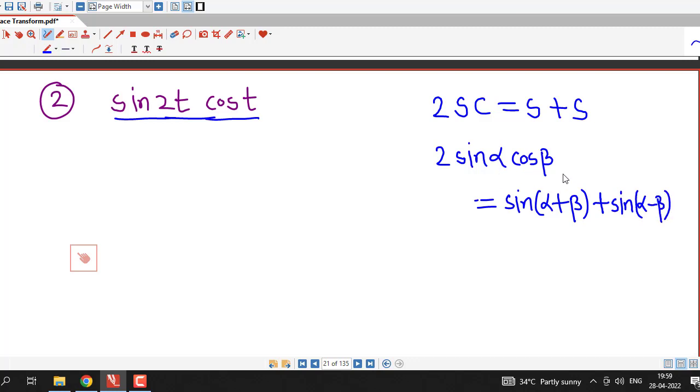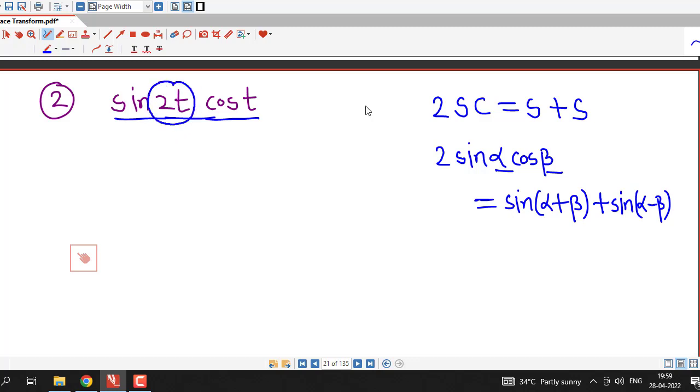That is, 2 times sine alpha cos beta equals sine of the addition of alpha and beta plus sine of the subtraction of alpha and beta. So we can use this formula and we can write our function in terms of another function whose formula is known to us.